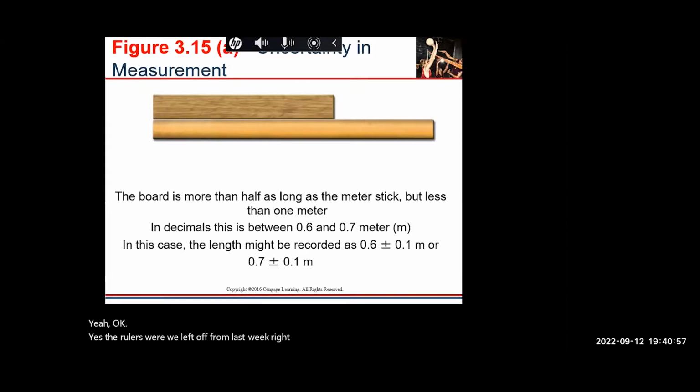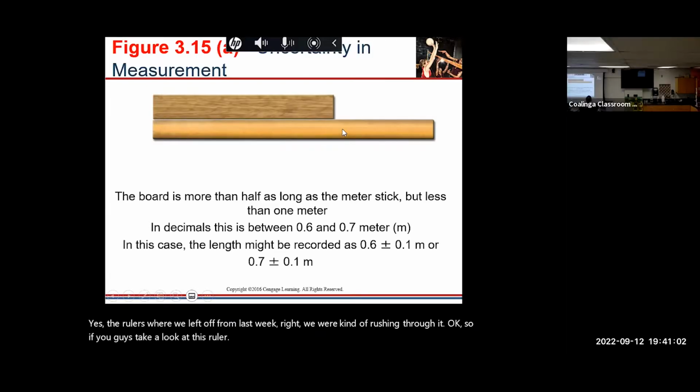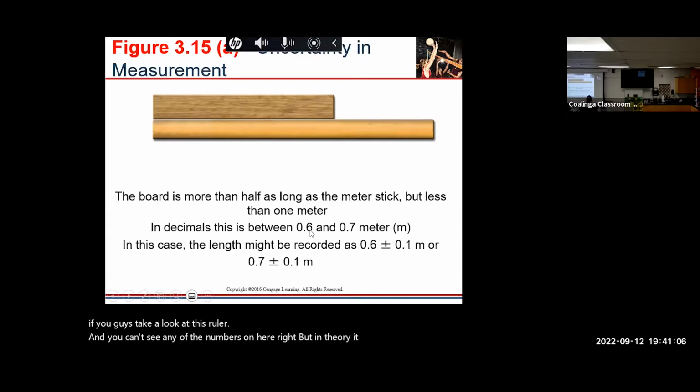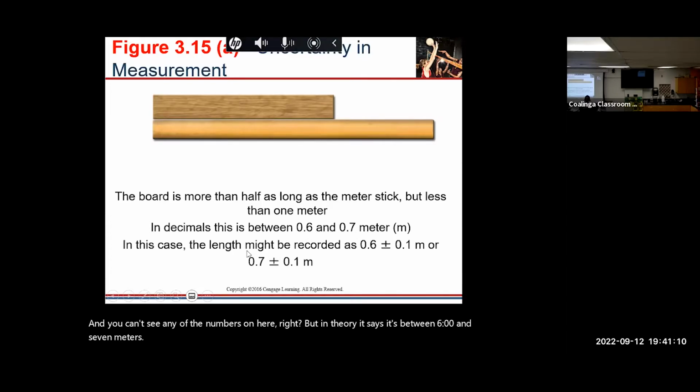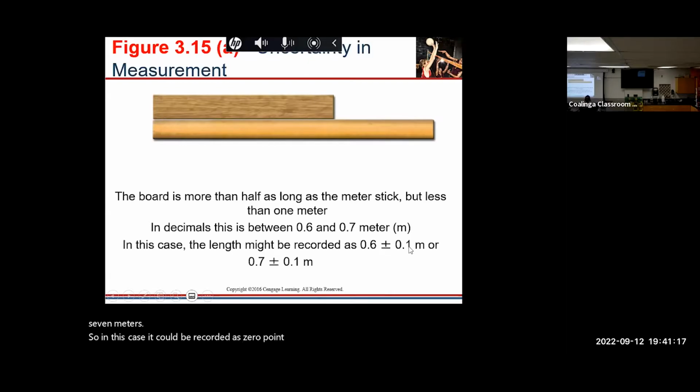I'm working through it. Okay, so if you take a look at this ruler, and you can't see any of the numbers on it, in theory, it says it's between 6 and 7 meters. So in this case, it can be recorded as 0.6 plus or minus 0.1, or 0.7 plus or minus 0.1.